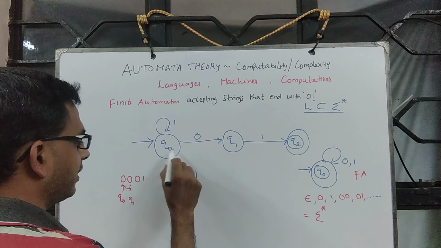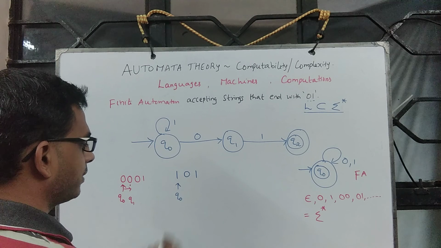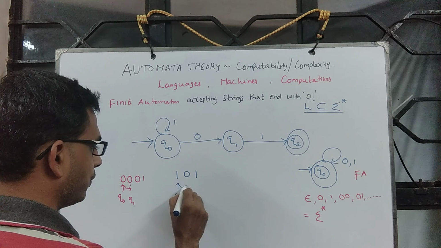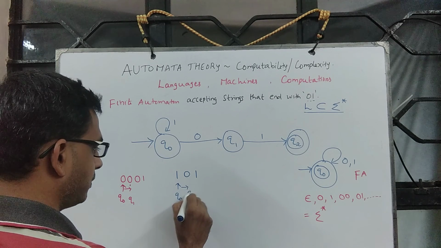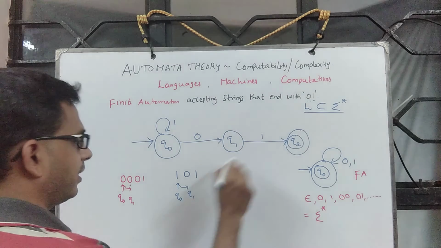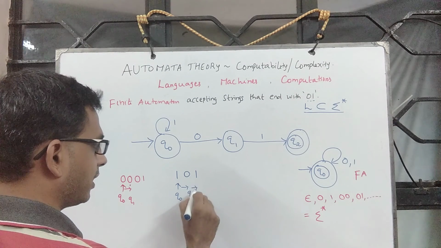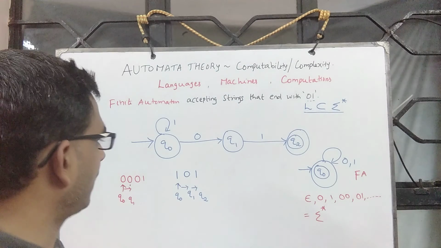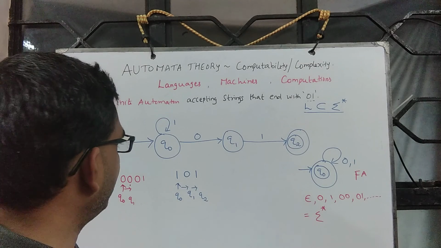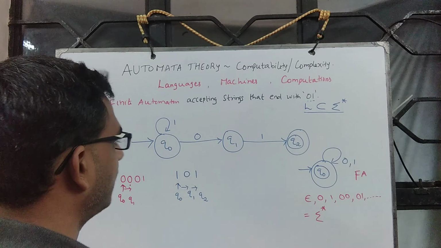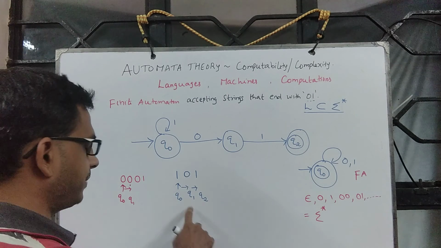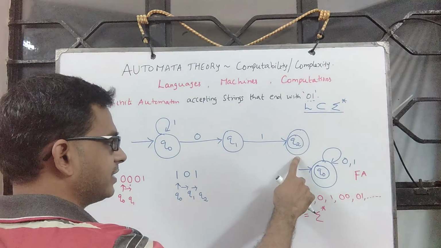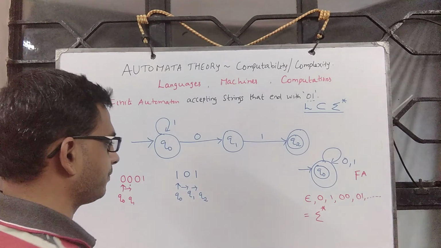Then on reading a 0, you go to Q1. And then on reading another 1, we go to Q2. Now 101 is a valid string, and 101 is accepted by this automaton as it reaches the final state.